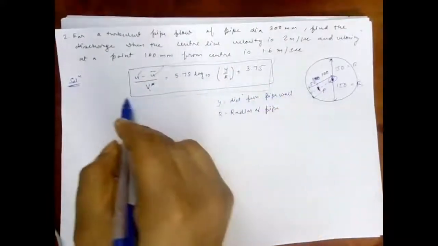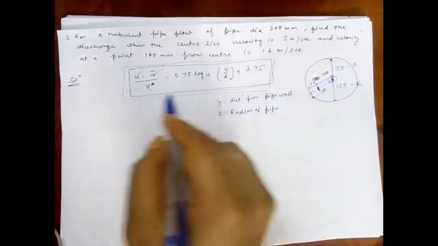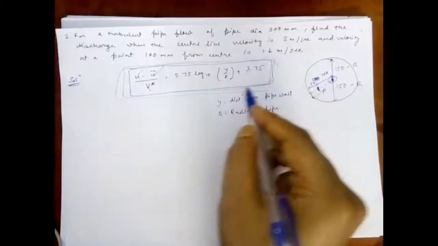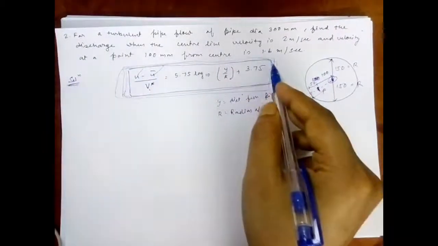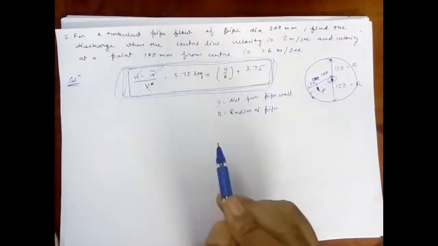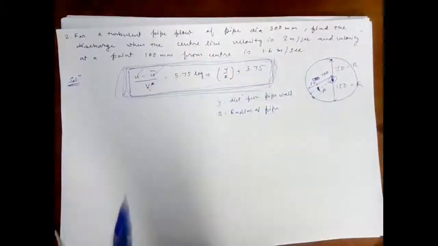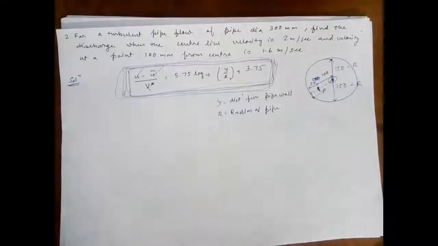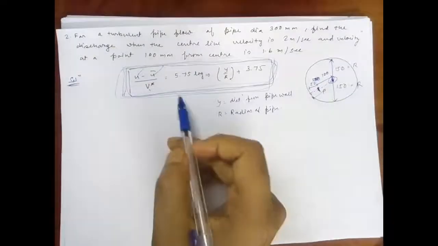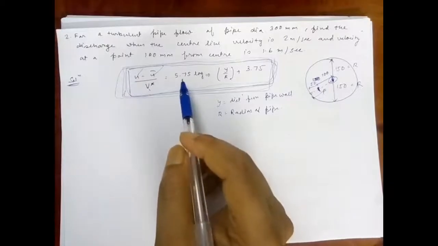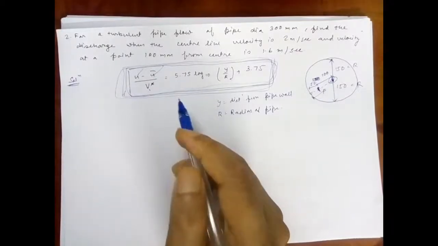This thing is not given in the theory. This formula is valid for both rough and smooth pipe, and this is the turbulent pipe flow formula. The formulas which we previously derived were just for the laminar case, and this is just for the turbulent. It is valid for both smooth and rough pipe.